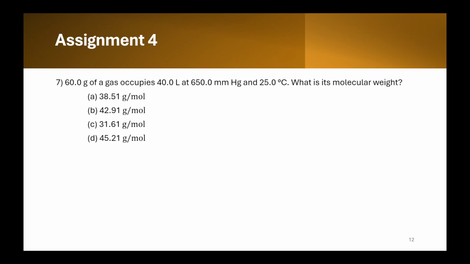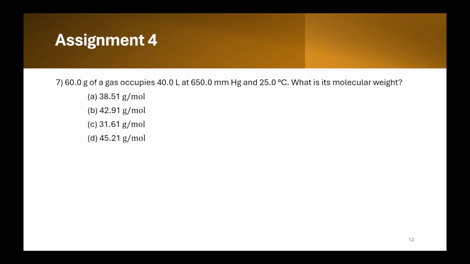Next question. 60 gram of a gas occupies 40 liter at 650 mmHg and 25 degrees Celsius. What is its molecular weight? We need to compute molecular weight.